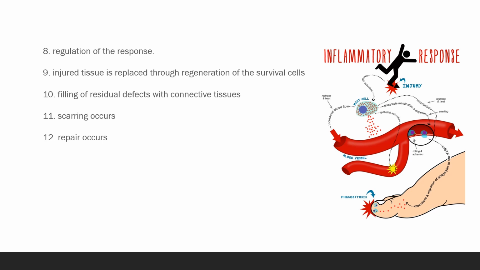Once the regulation has occurred, the body now focuses on the repair mechanism. So they replace the injured tissue with the help of regeneration of the surviving cells, and the connective tissue that has been affected is filled, and then scarring occurs, then the repair occurs.